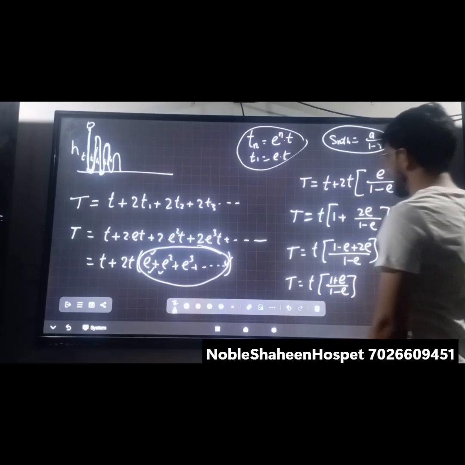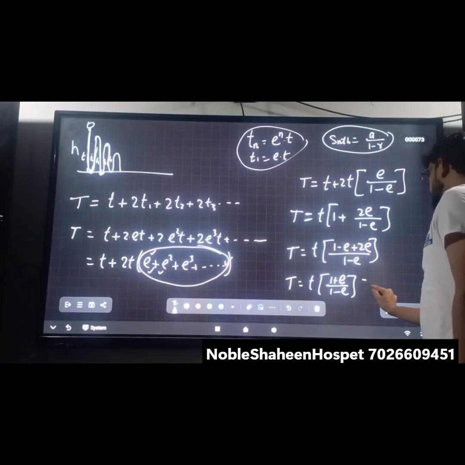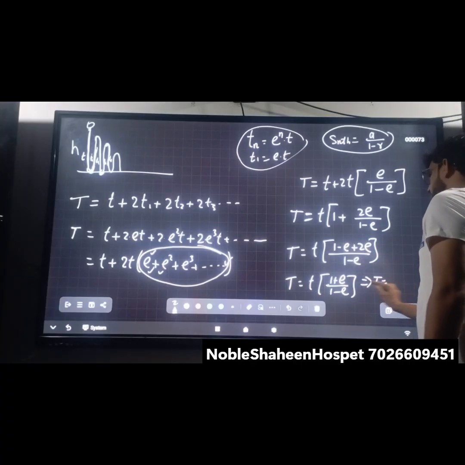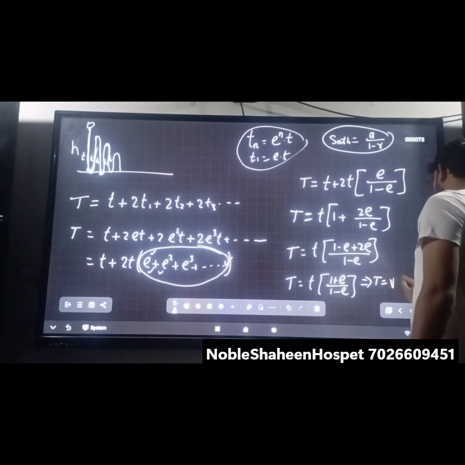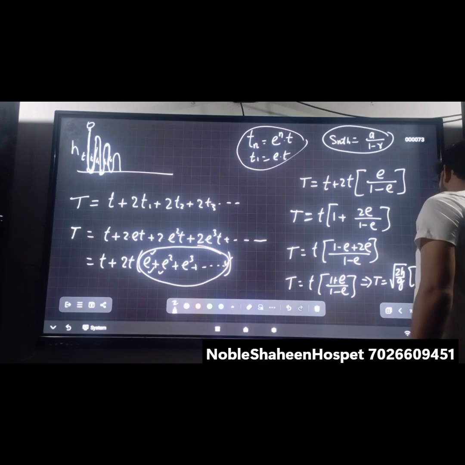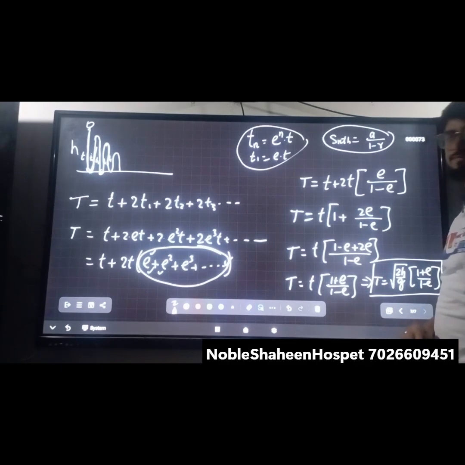This will be the expression, where our small t is basically under root of 2h by g, so T is equal to under root of 2h by g into (1 plus e) upon (1 minus e). This is the expression for the total time taken by the particle.